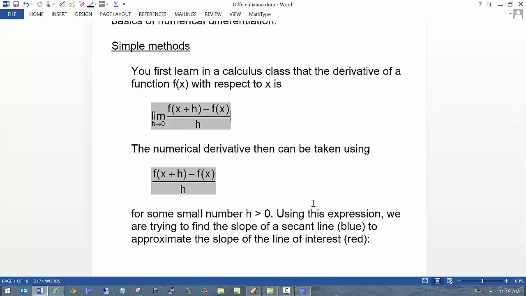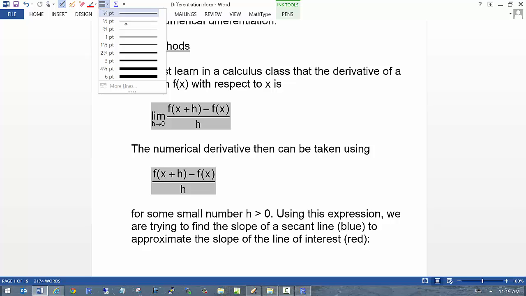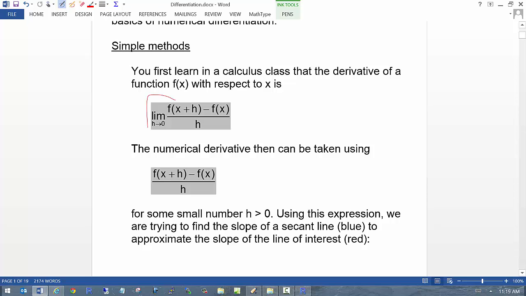In your first calculus class, you learn the basics of what a simple derivative is. Basically, you take the limit as h goes to 0 of your function evaluated at x plus h, minus your function evaluated at x, divided by h.